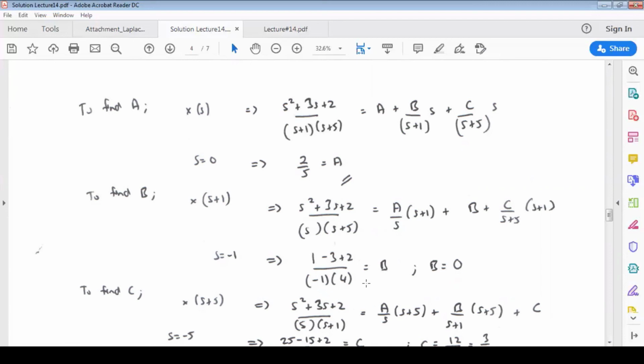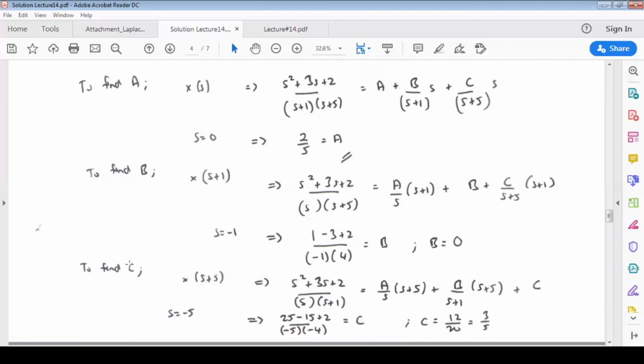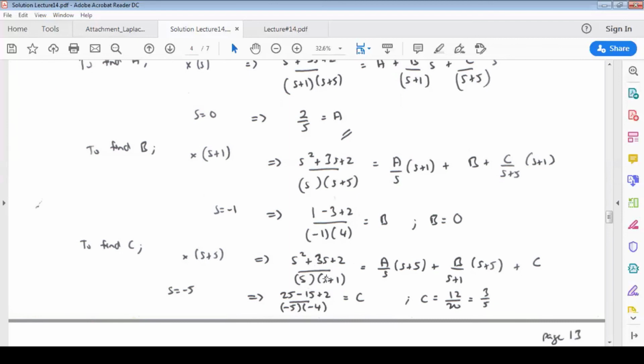Okay, and finally, to find C, the same method is used, which is to multiply both sides with s plus 5. So working that out, we're going to have (s squared plus 3s plus 2) over (s plus 1) on the left, and for the right-hand side, we're going to have C plus the A and B terms here.